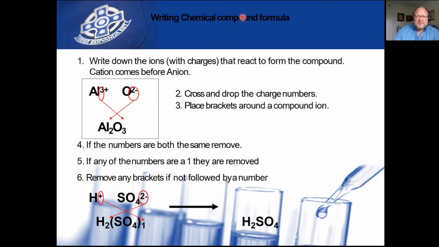Another way that other people do it, I know the chemists don't even want us to teach you this, but it is a much quicker way when you are working with things of charges. So if you have aluminium 3 plus, so the cation and the anion, and oxygen 2 minus, you cross and drop. We call it swap and drop. So the 2 goes from there, it swaps across to aluminium and drops down.